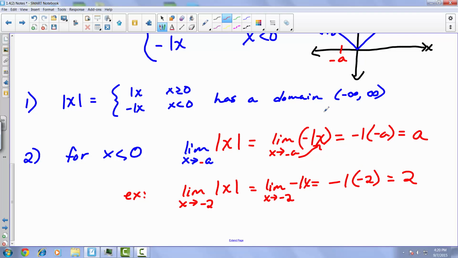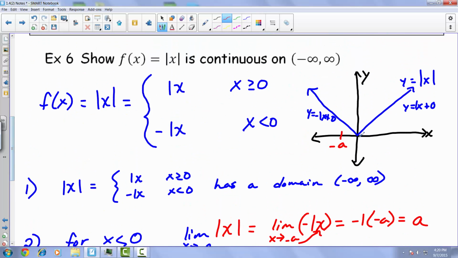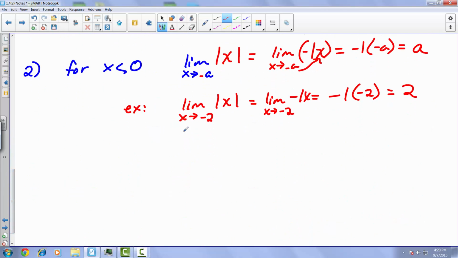Now likewise, let's see what's going on when we're approaching 0. And again, that was a negative value that we were throwing in there. Just another side one, the limit as x approaches 0 from the left side of the absolute value of x is equal to the limit as x approaches 0 from the left side of negative 1x.